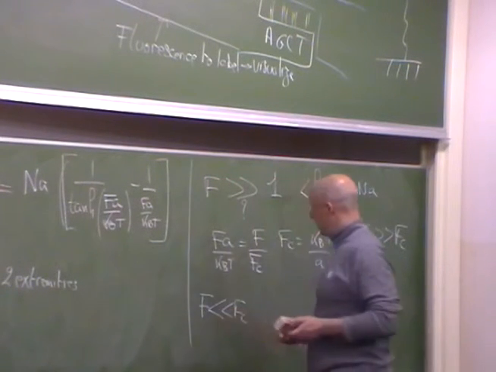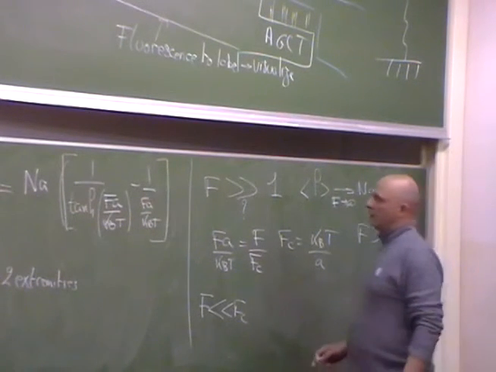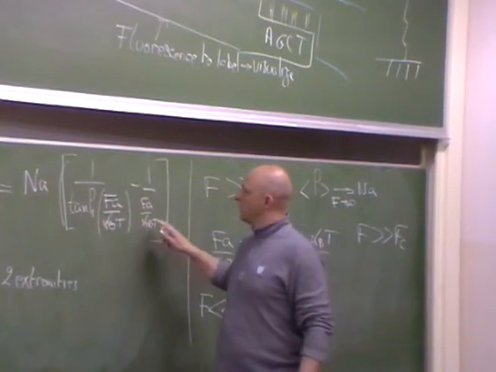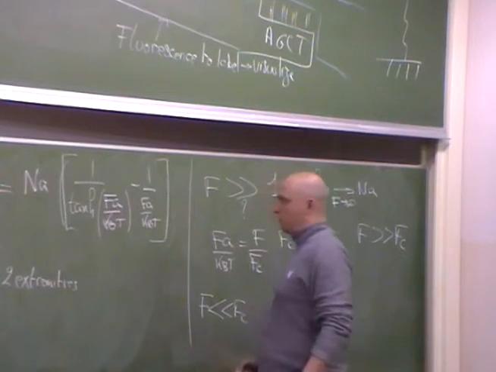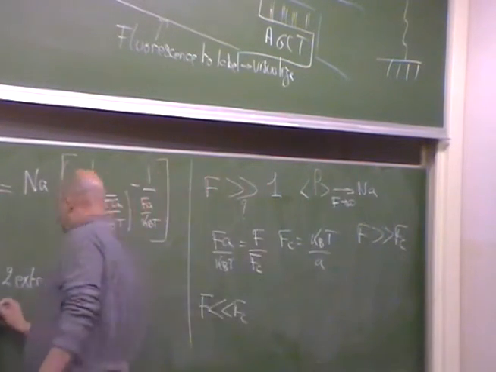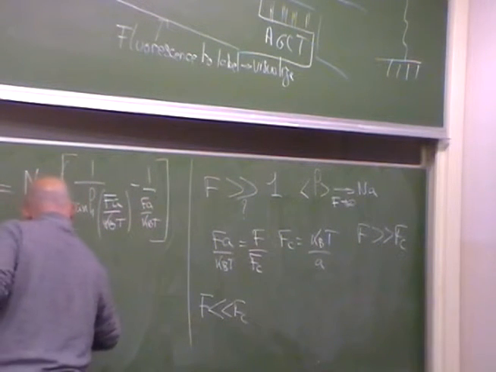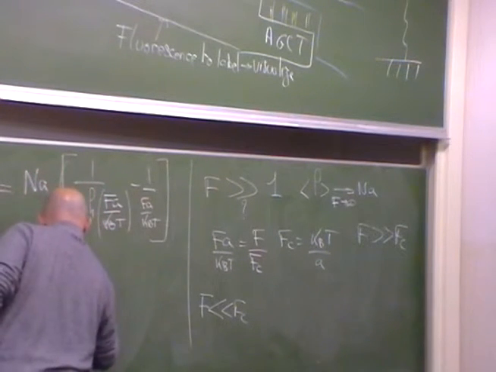What is going to happen when F is small compared to FC? Does someone have in mind how this looks? Usually people don't. So this is the Langevin function, and this goes to x divided by 3 when x goes to 0.